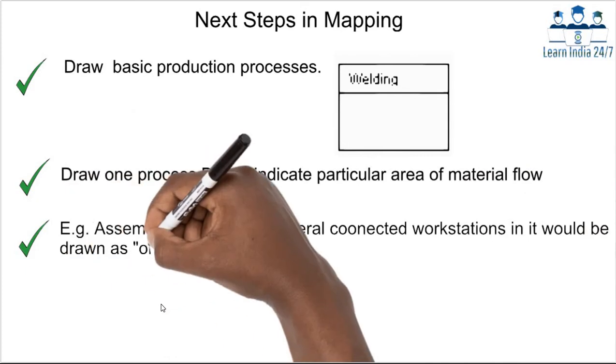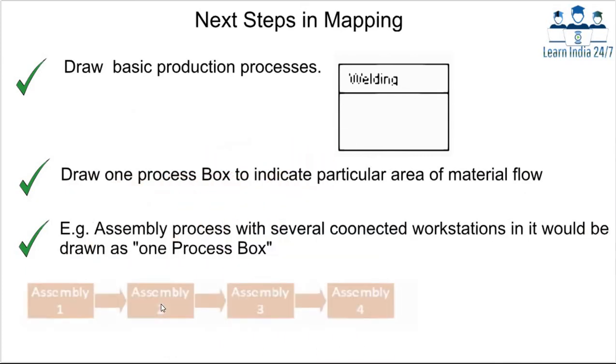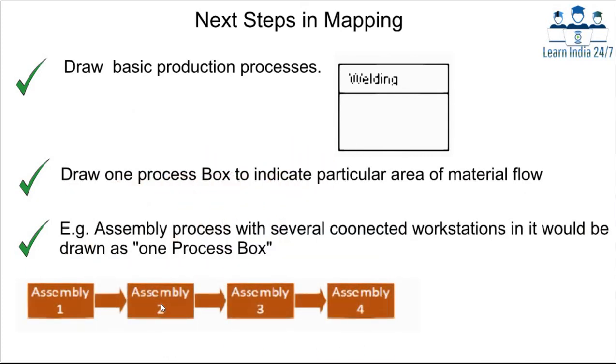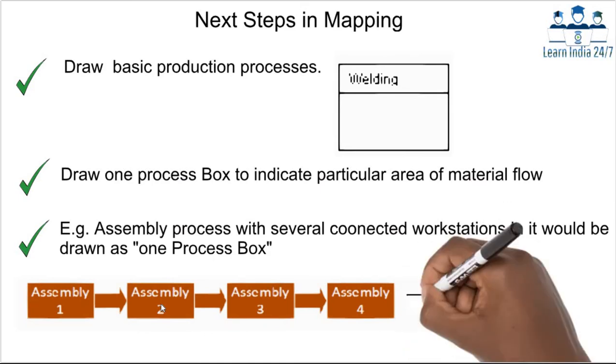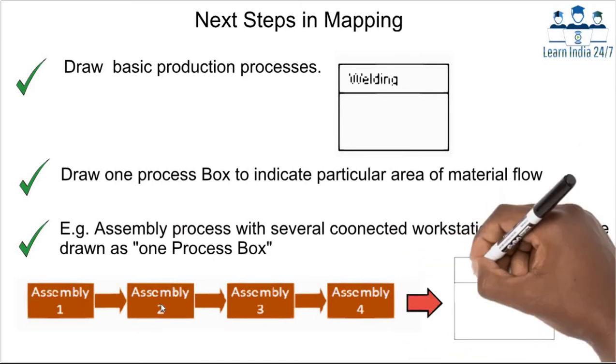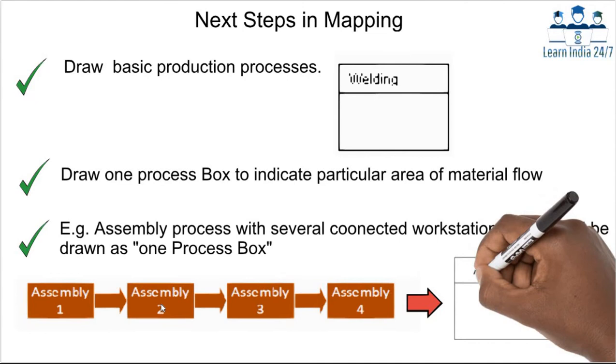For example, an assembly process with several connected workstations would be drawn as one process box instead of multiple process boxes for each workstation.